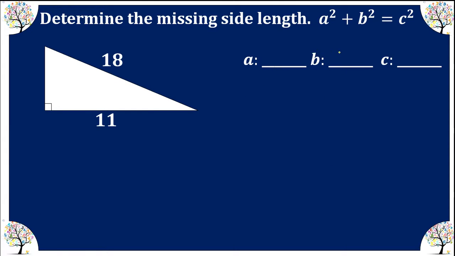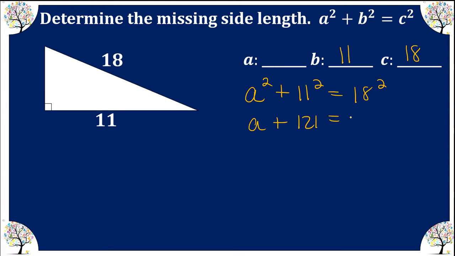We don't know A, our leg B is 11, and our hypotenuse is 18. We have A squared plus 11 squared equals 18 squared. Let's square our terms. Subtract out, whoopsie, forgot the exponent there.